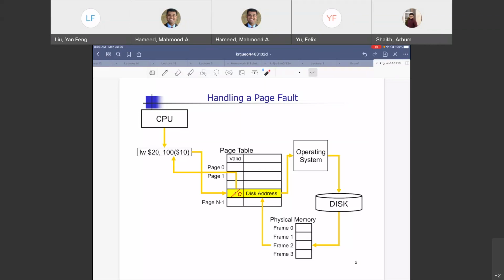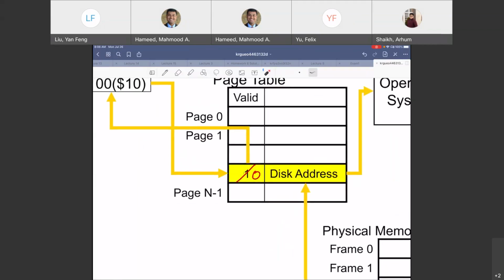So that makes up your physical address, and then you go look at it in the physical memory, in the DRAM. However, if the page table indicates with its valid bit that the corresponding frame number is not present, if that mapping between the page number and frame number is not present in the page table, which is indicated by a valid bit of 0, then hopefully we have the corresponding disk address. That's a page fault, right?